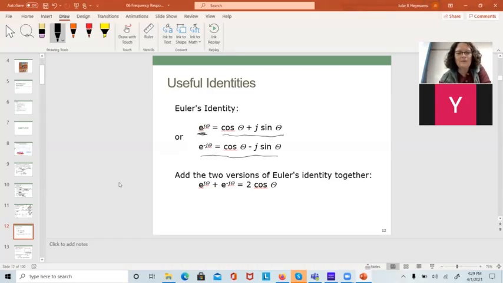If I add these two together, I get 2 cosine theta plus j sine theta minus j sine theta, and the j sine thetas go away. I can just get an expression for cosine theta that looks like this in terms of imaginary exponentials. So those cosines and sines are e to the imaginary number types of things.